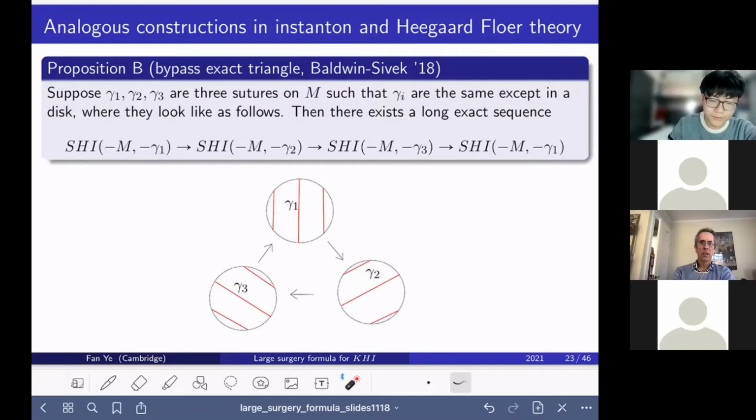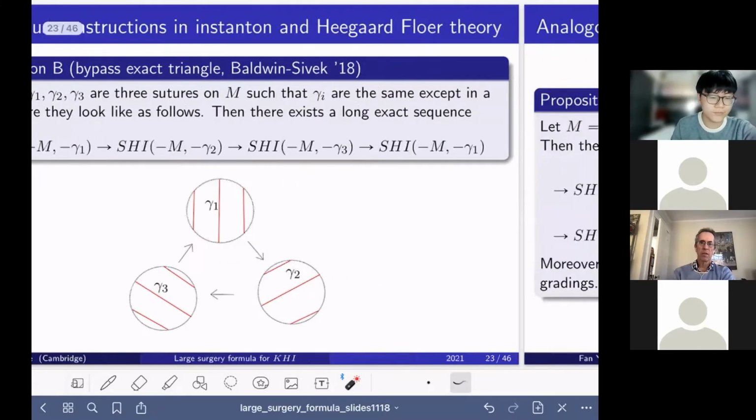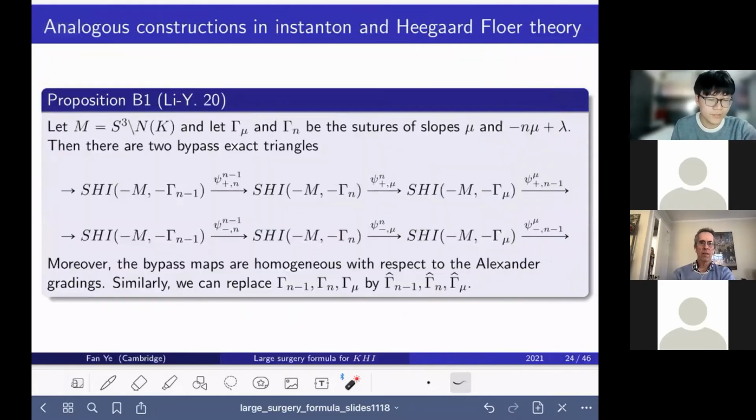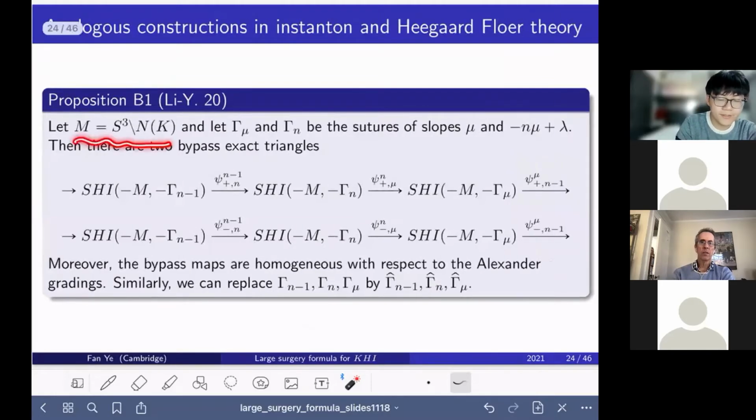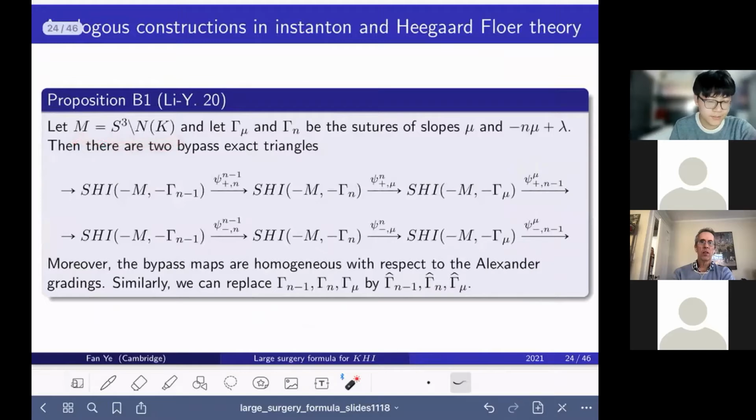And in our special case, we will take M to be the knot complement and take the sutures gamma_mu and gamma_n to be the sutures of slope mu and slope minus n mu plus lambda.